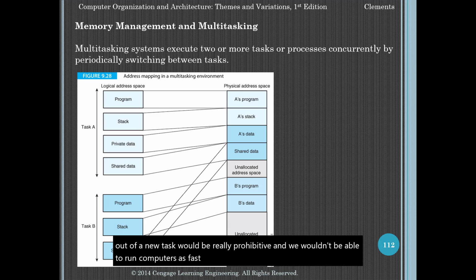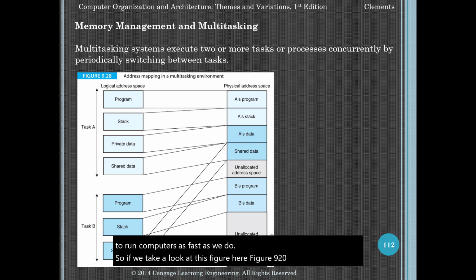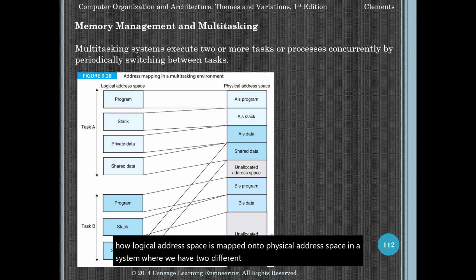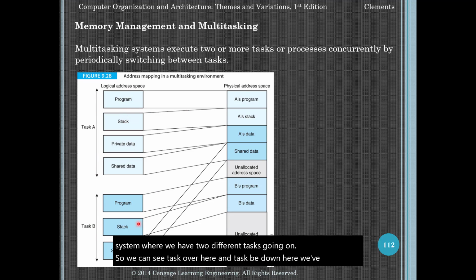So if we take a look at this figure here, figure 9.28, this demonstrates how logical address space is mapped onto physical address space in a system where we have 2 different tasks going on. So we can see task A over here and task B down here. We've got program, stack, right? Private data, some shared data, and then we have this physical address space that's going on over here.